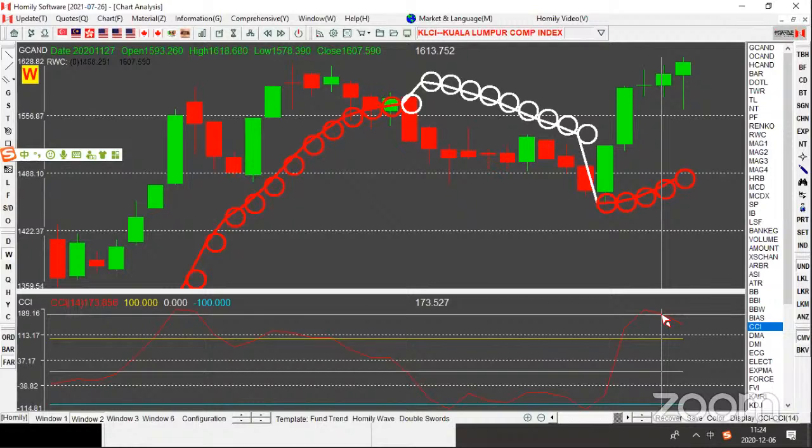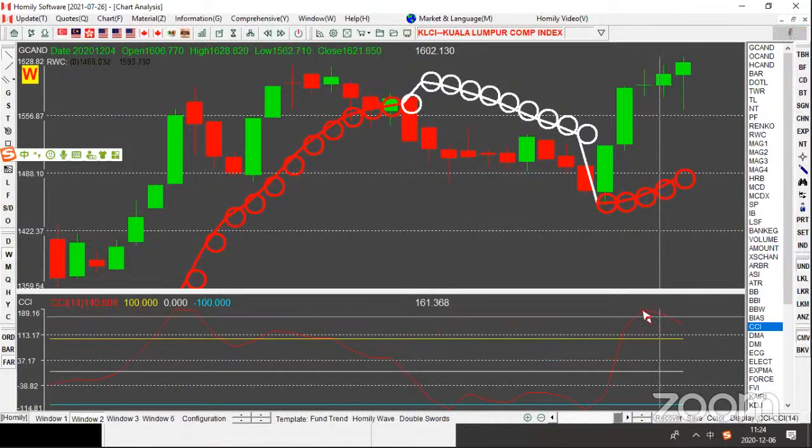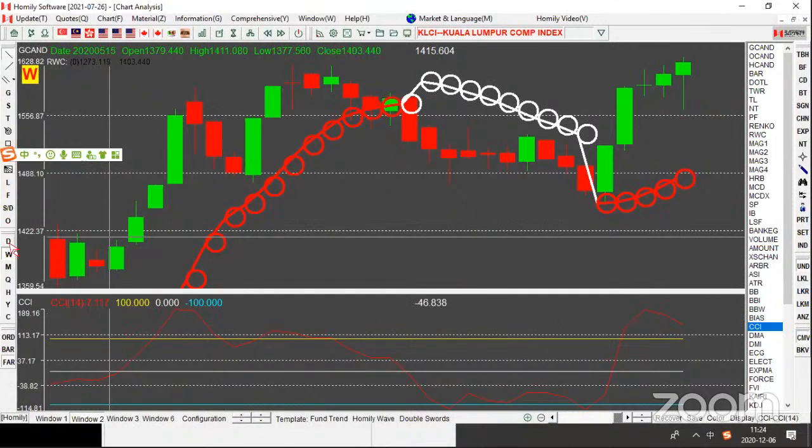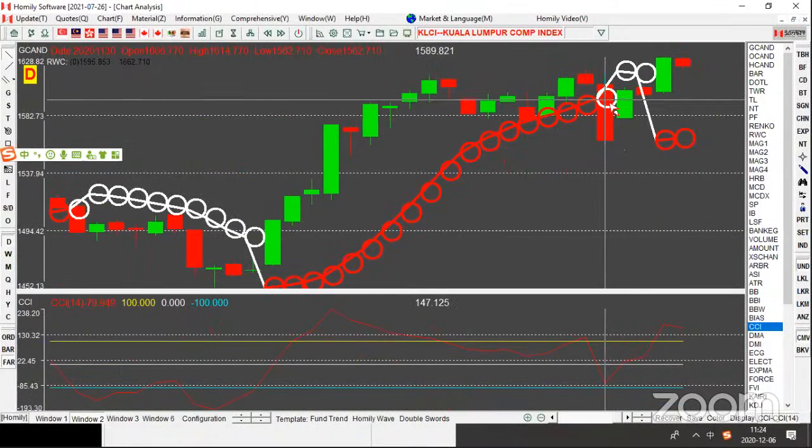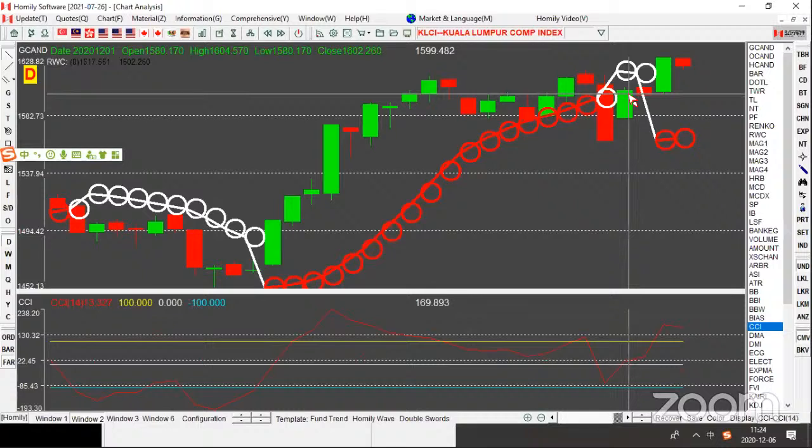You see the line change from 187 to 173, so the line is turning downward. Then on the daily chart, if the sell signal appears, let's say over here, you need to make a decision to sell.